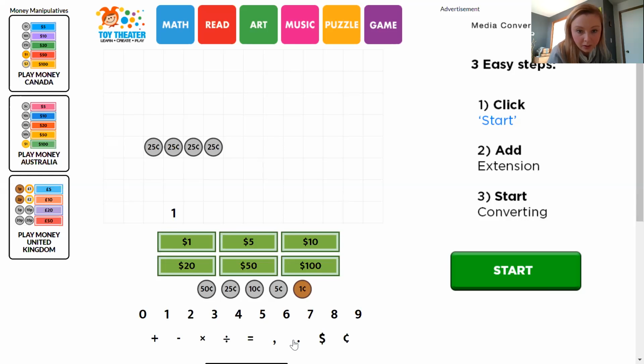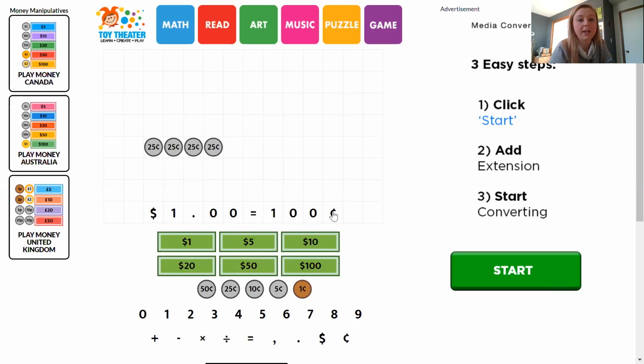Now that we have 4 quarters up here, it's 100 cents, or $1. Let me find my zeros. $1 equals, and remember, it's the same. It might look a little different, but it equals this 100 cents.